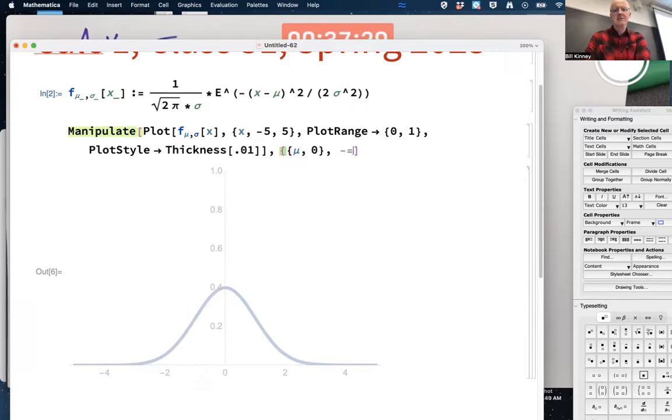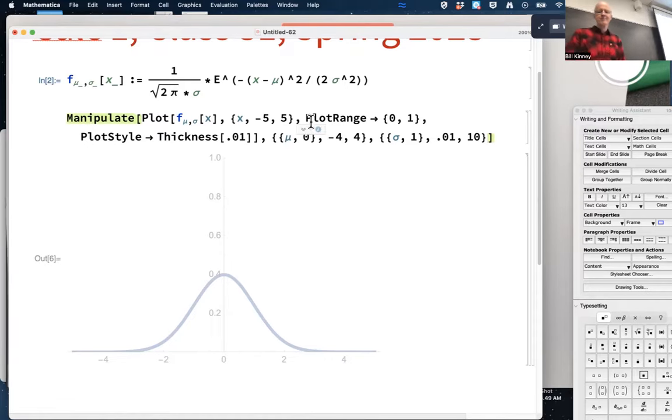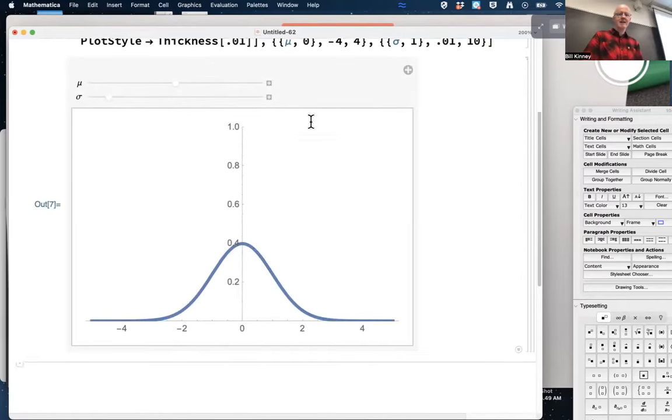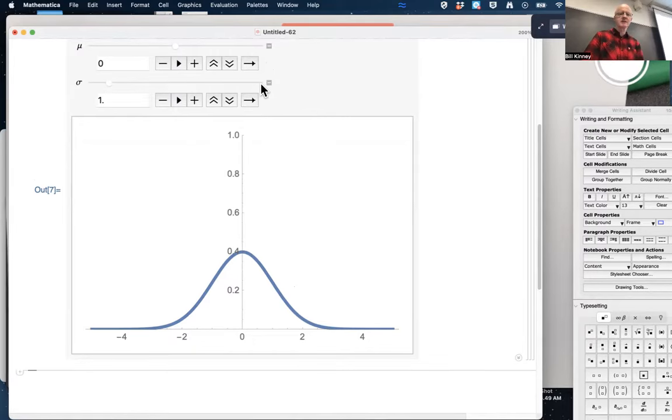This syntax is going to let mu vary from -4 to 4, say, starting at 0. And this syntax is going to let sigma vary from, say, 0.01 to 10, starting at 1.